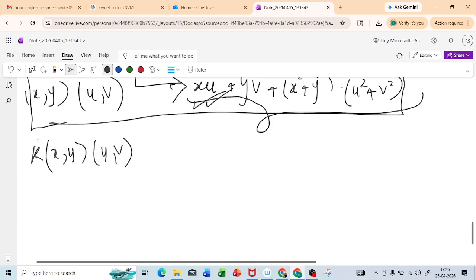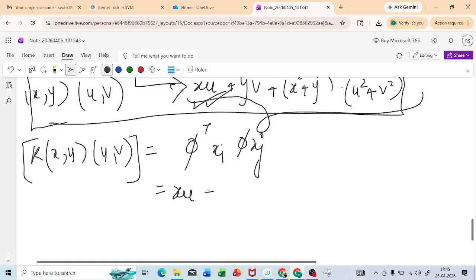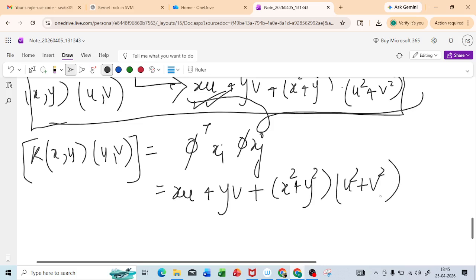So the kernel is nothing but equal to phi transpose xi into phi xj, and then it is nothing but xu plus yv plus x square plus y square into u square plus v square. So this is saying that, okay, we actually don't need to calculate the phi xj every time. What we'll need to do is just calculate this kernel function, and the beauty of this is, this is nothing but again in 2 dimensions itself, right.